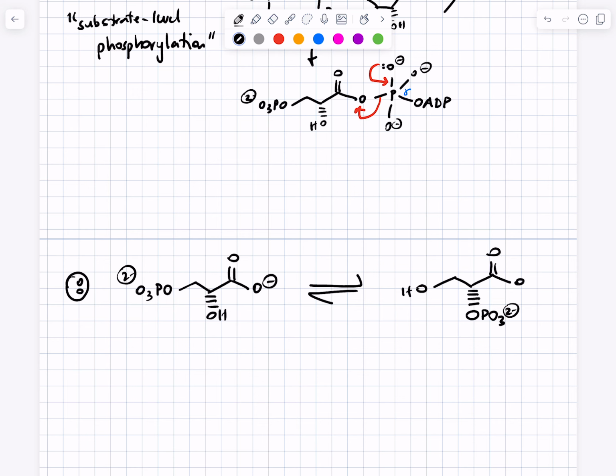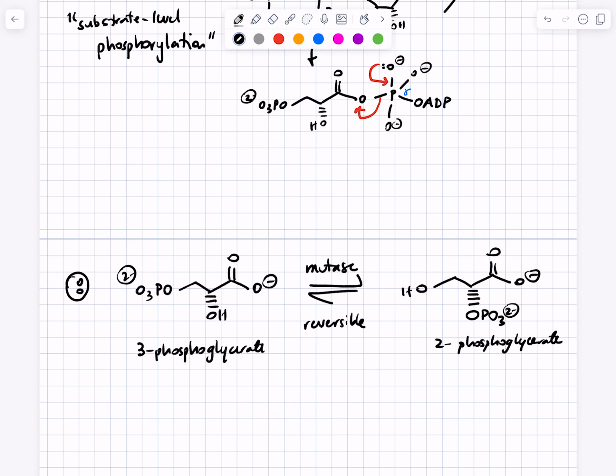And the mechanism for this reaction is known, but I'm not going to ask you about it. Again, everything other than steps 1 and 3 so far have been reversible. But you go from 3-phosphoglycerate to 2-phosphoglycerate.